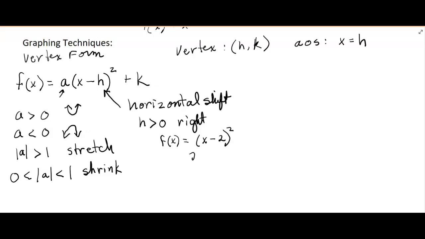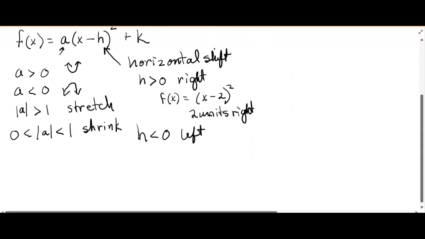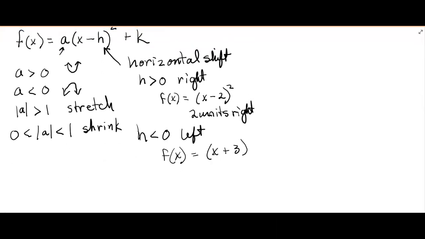That is going to shift 2 units right. If h is less than 0, it's going to go to the left. So an example of that would be if you had f of x is equal to (x plus 3) squared. It's going to shift the whole parabola 3 units to the left.